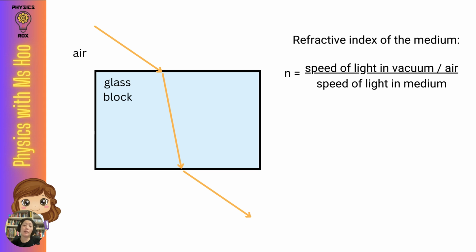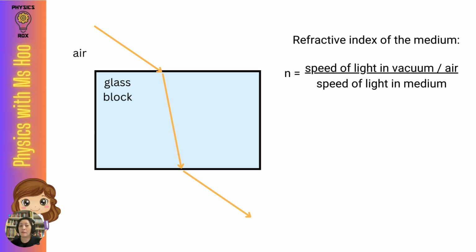At this stage, you will not be calculating refractive index of air, because the refractive index actually is a comparison of the refracted light ray in that medium against how it travels in air. So the refractive index is comparing the medium against air. So that's why we're not calculating the refractive index of air at this point.